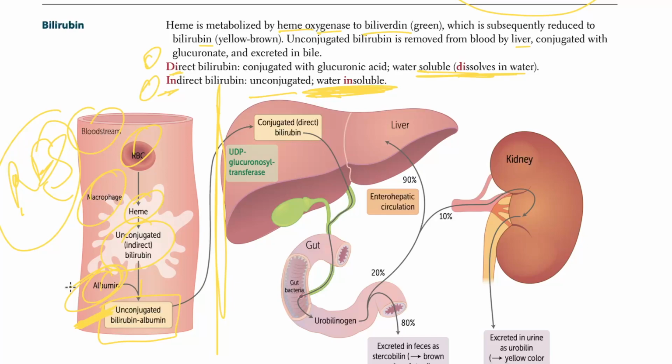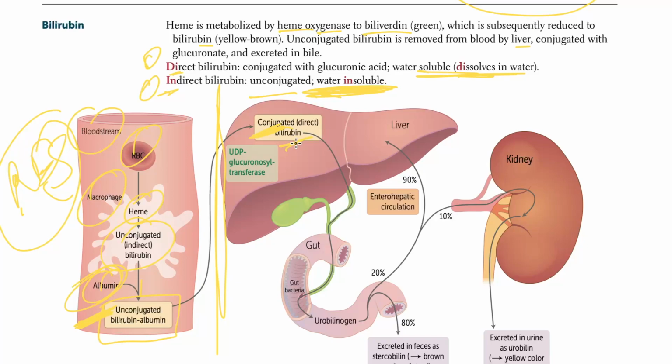That complex goes to the liver. In the liver, conjugation occurs and forms the direct bilirubin, by the enzyme called UDP glucuronyl transferase, and that forms the conjugated bilirubin. That conjugated bilirubin now has to go out from the liver, right?